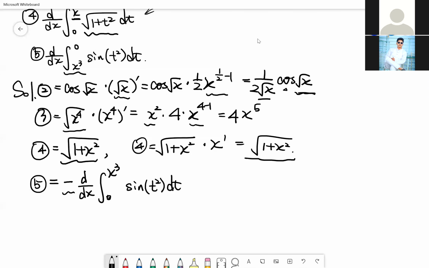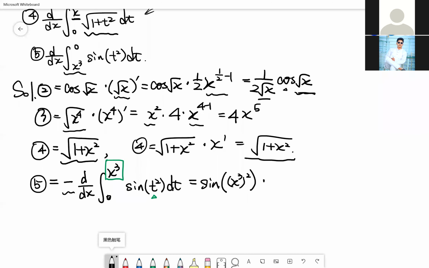And then we know we should use the number 2 formula. So here you will find the upper limit, that is x power 3, right? So first, you should replace t by x power 3. So that is sine of x power 3, power 2 here, right?